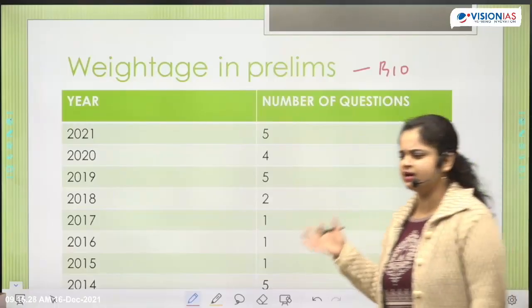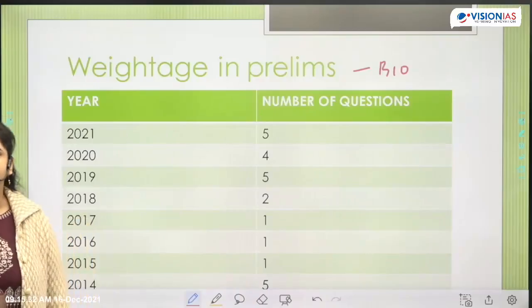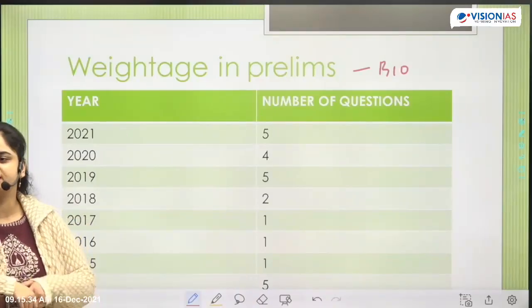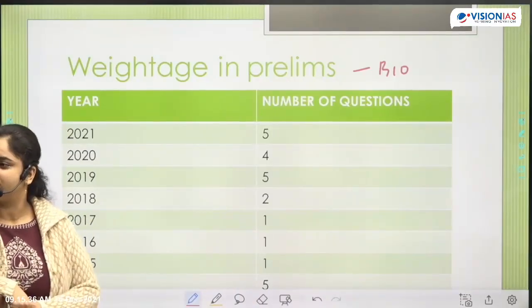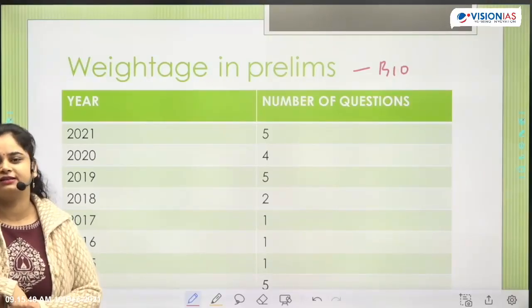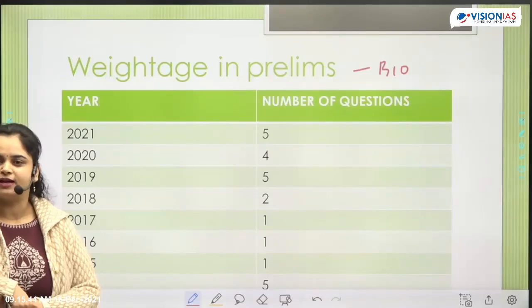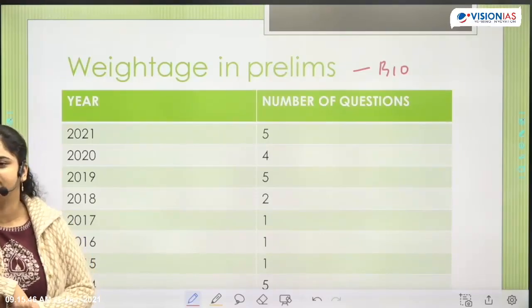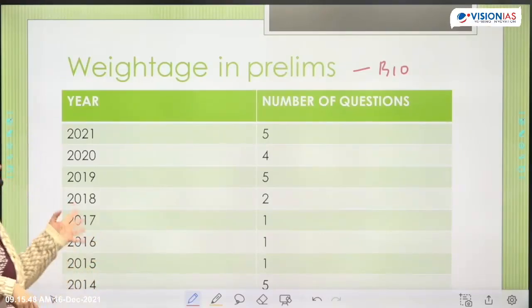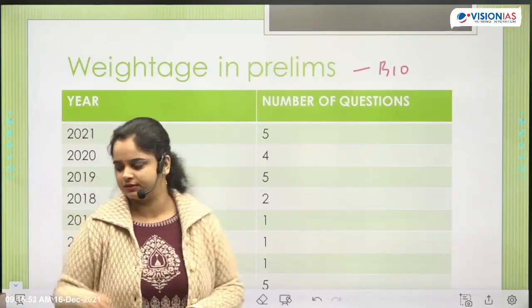So roughly the trend is 1 to 5, or because this is UPSC, we can always go for 0 also. They can make any subject 0. One year they made geography into 1 question, so anything is possible. But 0 to 5 is roughly the range we are seeing in the last few years.